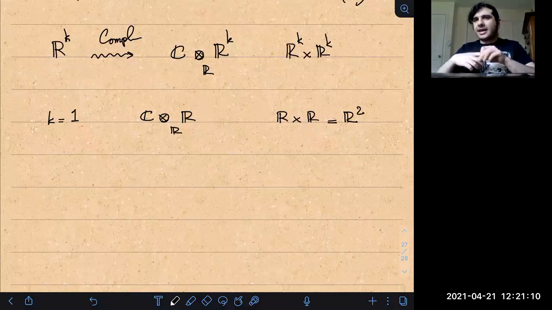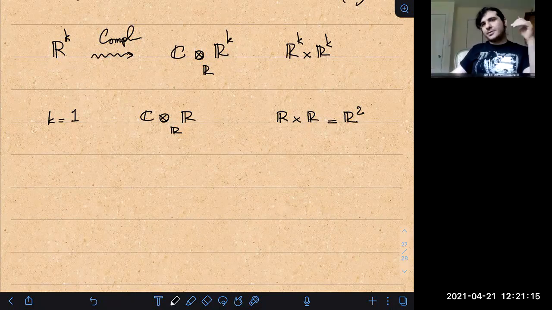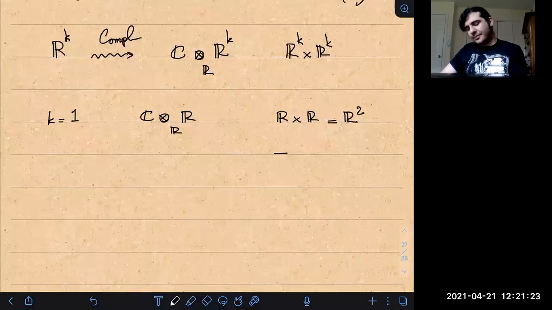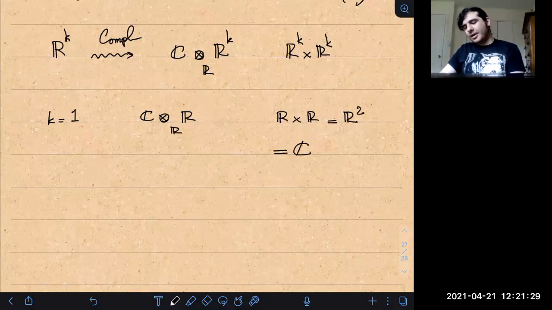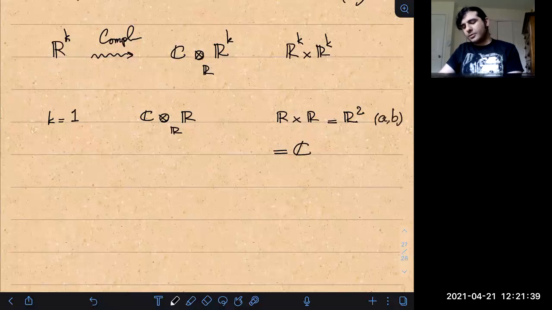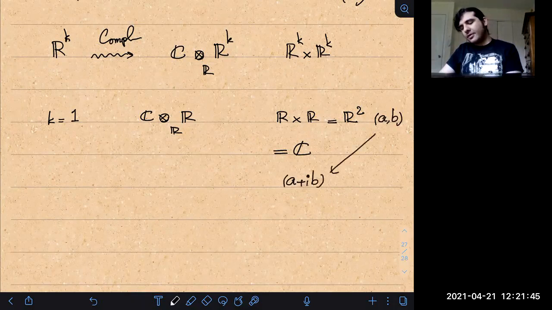Yes, it is correct, but it just has a name. If I want to think about R2 as a vector space over C, what do we call it? C cross C? No, it's just C. R2 is a two-dimensional plane, and C is kind of the same thing. Elements in R2 are of the form A and B. Elements in C are of the form A plus iB. And that gives an identification between these two.